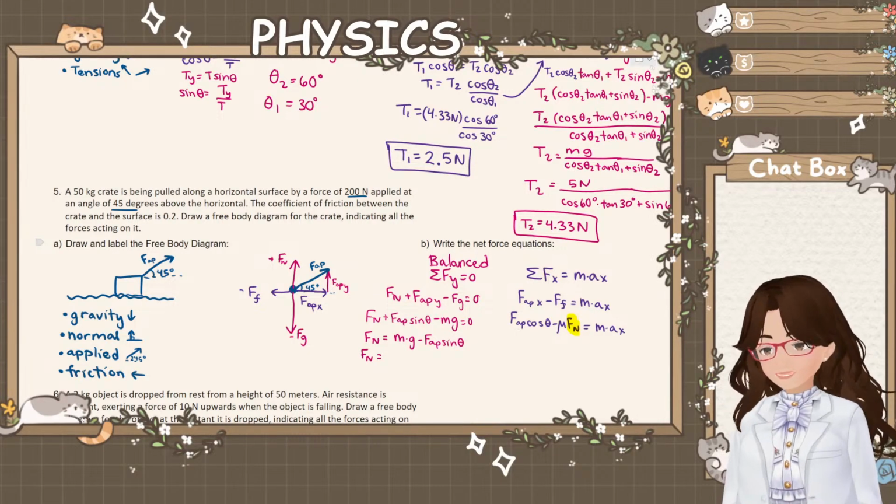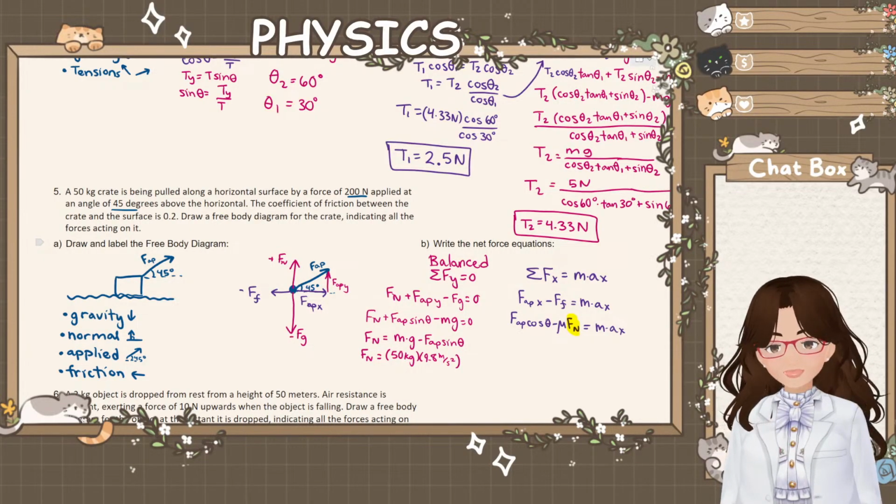Plugging those numbers in, I have 50 kilograms times 9.8 meters per second squared minus 200 newtons times sine of 45 degrees.